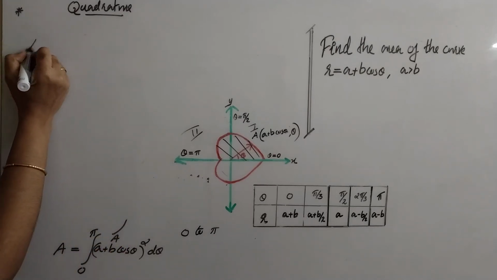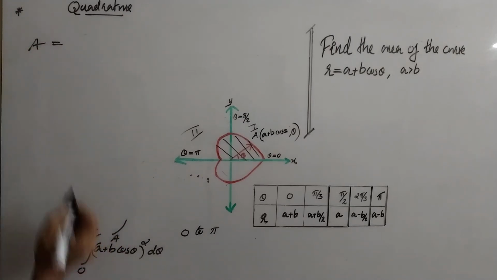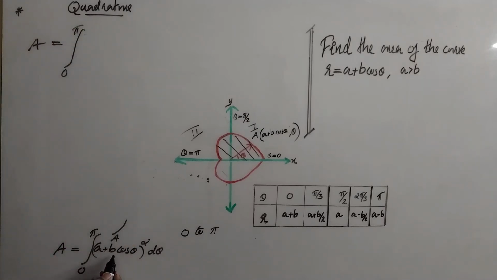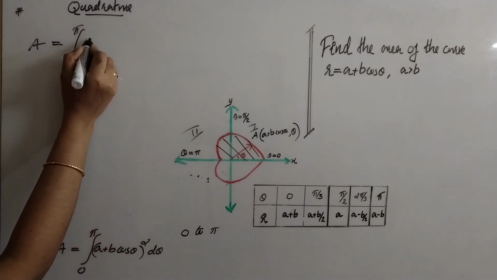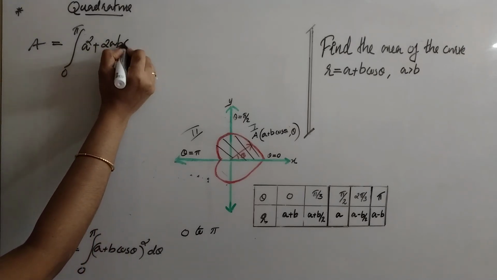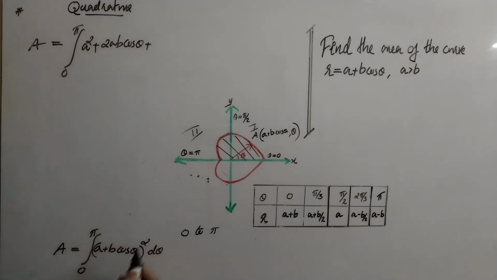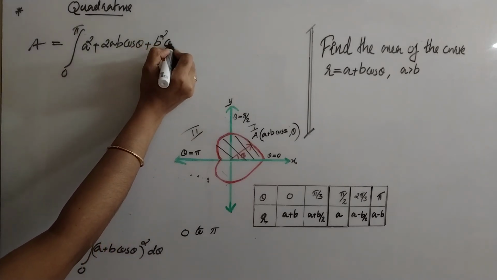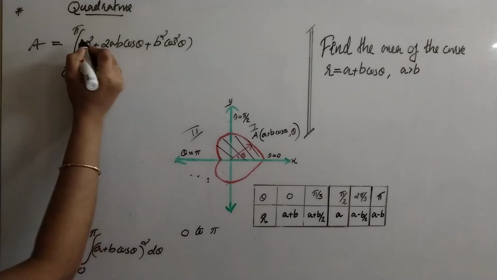That is, A = integral from 0 to pi of (a + b cos theta) the whole squared. That is a squared + 2ab cos theta + b squared cos squared theta, d theta.